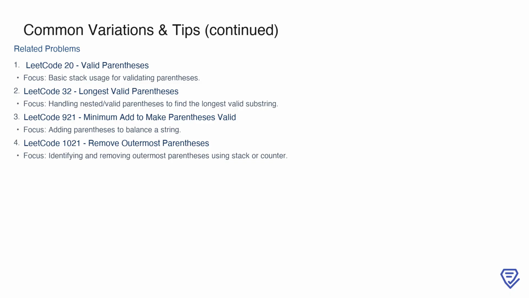Then there's LeetCode 921, minimum add to make parentheses valid, which emphasizes adding parentheses to balance a string. And finally, LeetCode 1021, remove outermost parentheses, challenges you to identify and remove outermost parentheses, often using a stack or a counter. Exploring these related problems can deepen your understanding of how to work with parentheses and stack-based techniques.